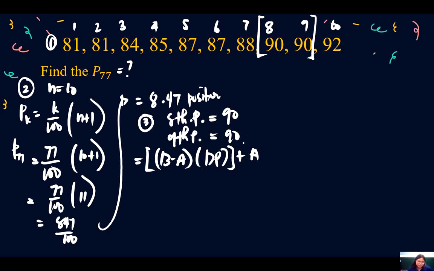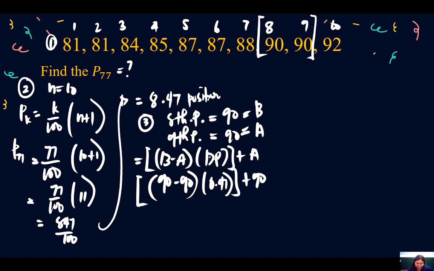Same naman sila. Walang mataas, walang mababa. Sige nga, hanapin natin. Let's assume. Okay. So, 90 minus 90. Our decimal point is 0.47 plus 90. Natin kung ano lalabas. So, 0 to. Kung 0 to, minultiply mo siya sa 0.47, 0 pa rin nalalabas plus 90. So, the exact location is 90.